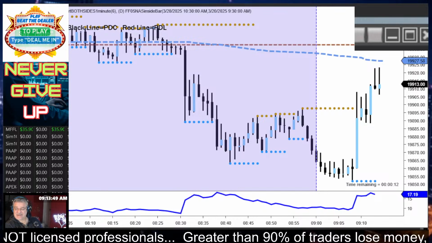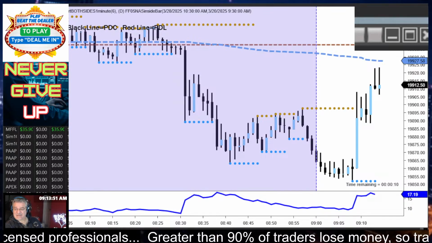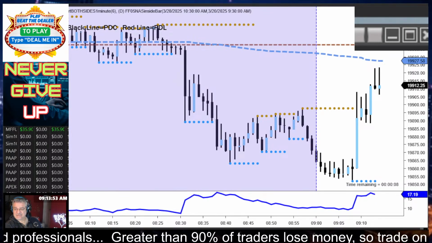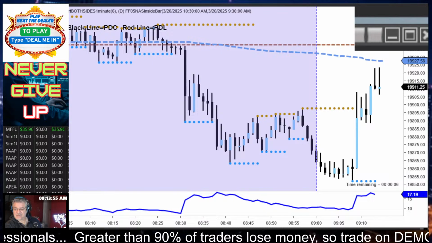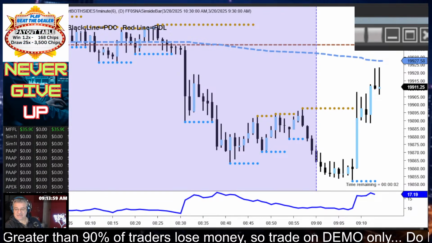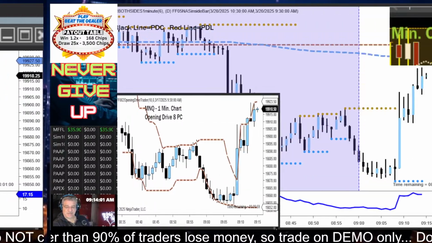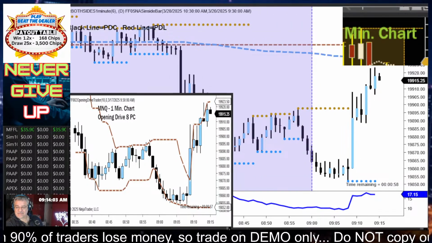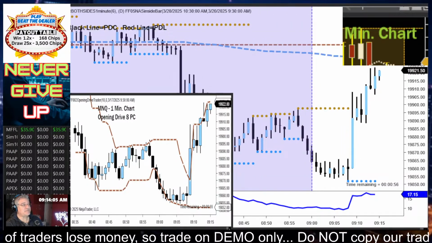Let's get to a little setup on the charts. Open up the opening drive trader. That's our first trade. Let's put it on picture in picture so we can watch the opening drive trade.